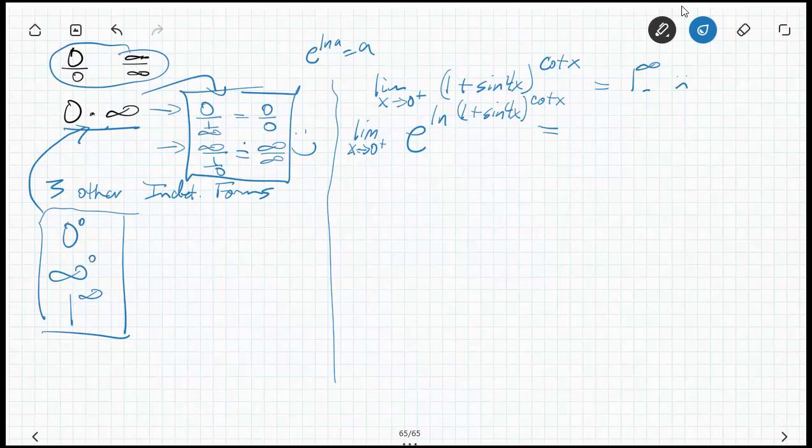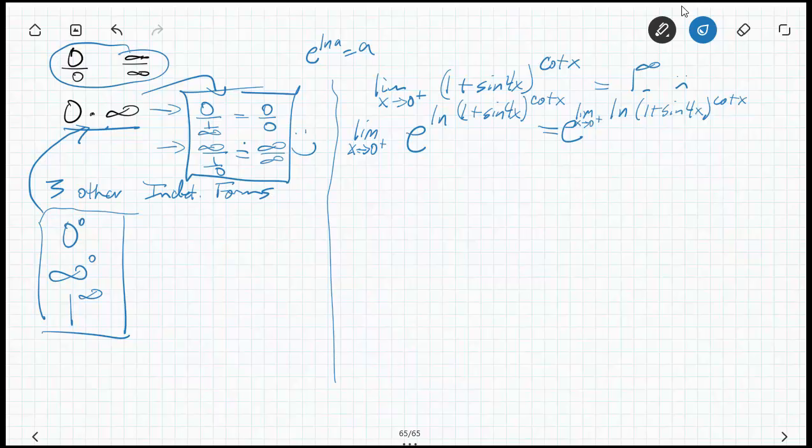In other words, the real action is taking place in the exponent. So e just stays the same. The limit I'm going to stick up in here. So this becomes e to the limit as x approaches 0 from the positive side of the natural log of 1 plus sine of 4x raised to the cotangent of x.